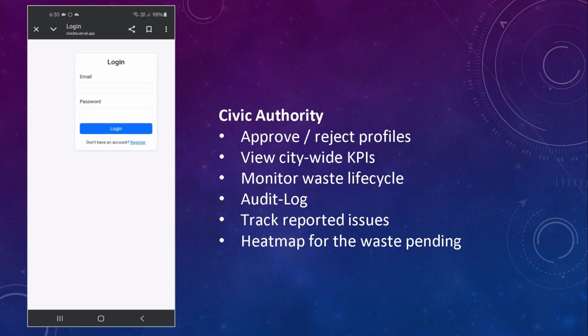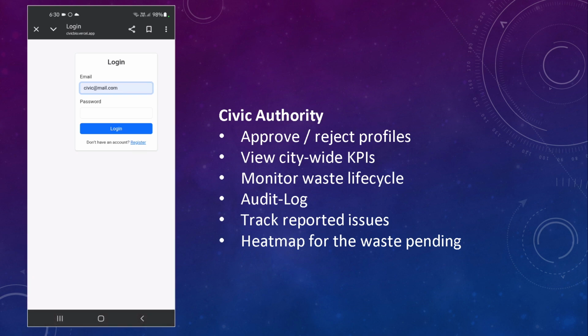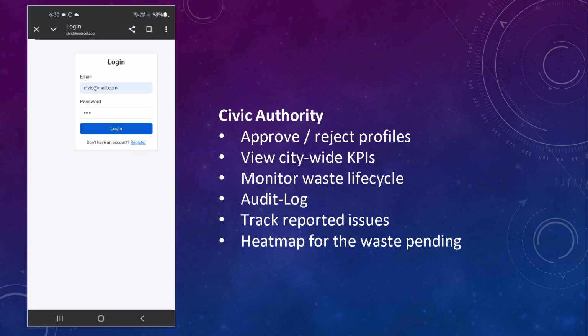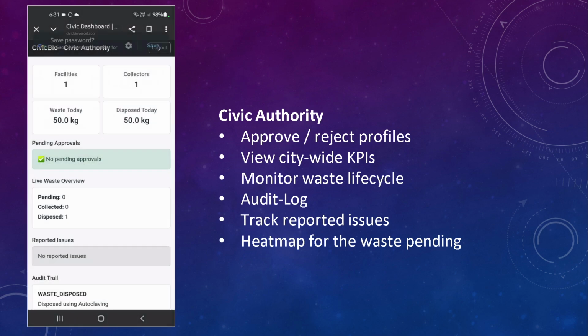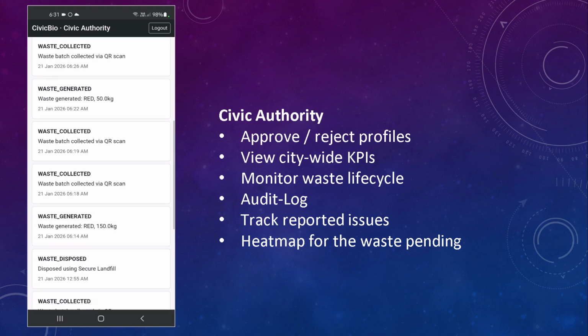At the end, we have to talk about the Civic Authority, which is the admin of the whole biomedical waste management system. They approve and reject profiles, view citywide KPIs, monitor the waste lifecycle and audit logs, track reported issues, and view a heat map for pending waste. As you can see, there are different KPIs associated with facilities and collectors, and how many we have processed today.